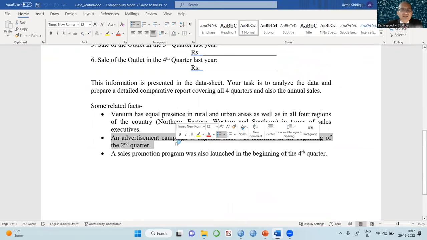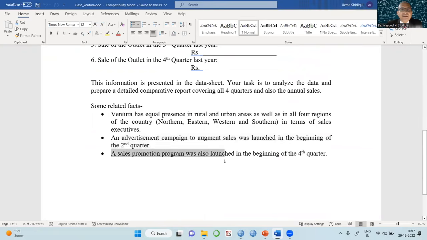First we will be doing this, and just for repetition purposes, we will do it for another fact to be examined: that a sales promotion program was also launched in the beginning of the fourth quarter. In the first case, we will be comparing the sales of the first and the second quarter, and in the second case, for the sales promotion program, we will be comparing the sales of the third quarter and the fourth quarter, assuming the impact is immediate.